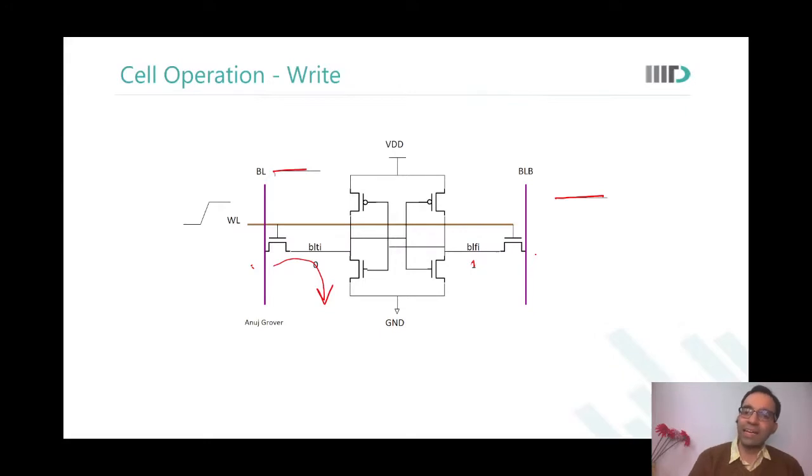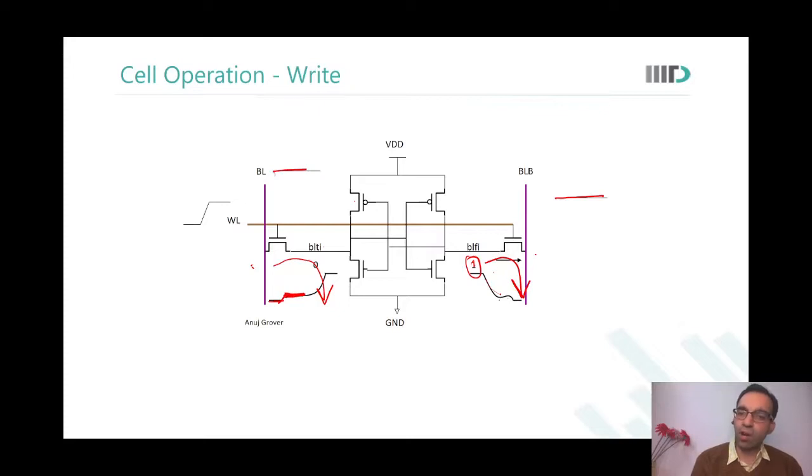So on the left side, regular read operation will start to happen. But on the right side, this 1 starts to get discharged through the access transistor. When that discharges, as it starts to go to 0, this PMOS will turn on. Initially, when this was reading only, we ensured that VLTI does not rise very much.